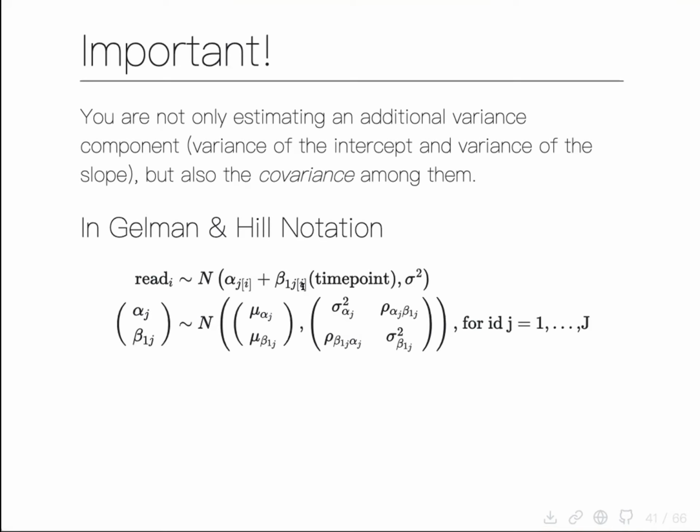You're not only estimating the variance in the intercept and the variance in the slope, you're also estimating the covariance between them. Okay, and otherwise this is the same. So this is now saying we have the intercept and the slope, so you can see both of these are randomly varying by looking at the subscripts, and then these are assumed generated from this bivariate normal distribution with a mean for each of them, which is the fixed effects, and then this covariance structure. Okay.